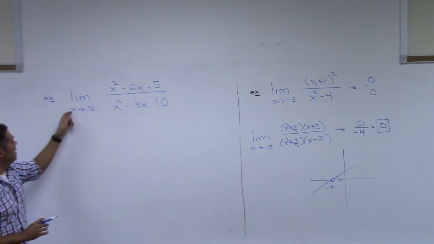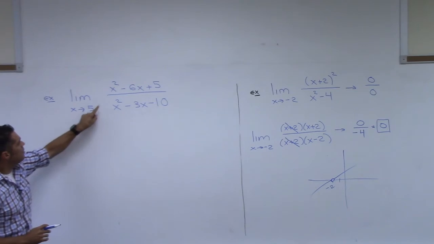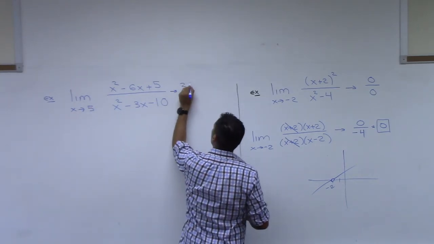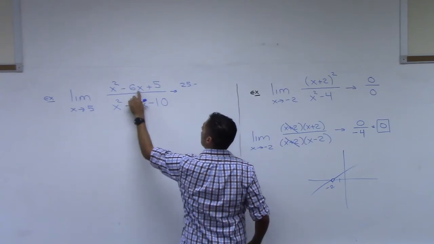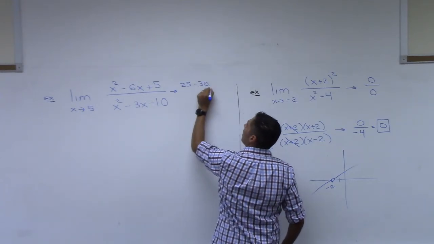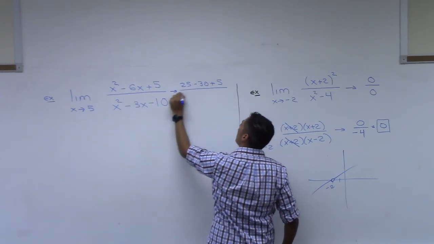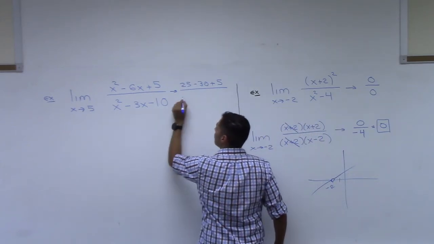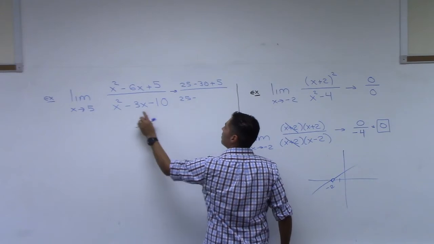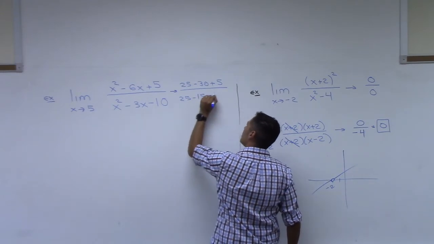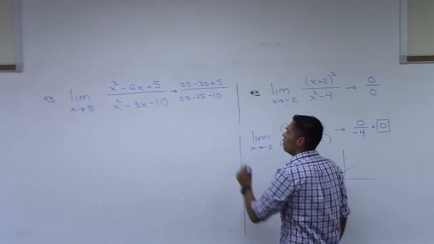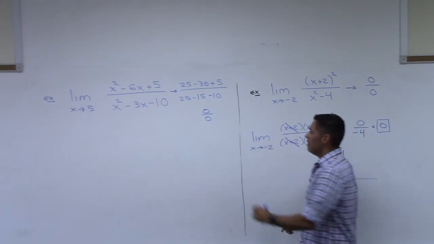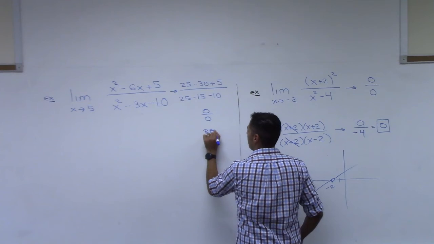So first plug in and let's just see what happens. 5 goes in here, square 5, we get 25. So we have 25 and then minus 6 times 5 is 30 and then plus 5. So that's 0 on top. And on the bottom, we get 5 squared, 25 again, minus 3 times 5 is 15, and then minus 10, that's going to be 0 again. So we do get 0 over 0. This is bad, right? That means we need to do some algebra.